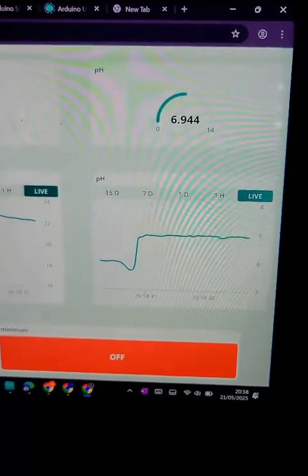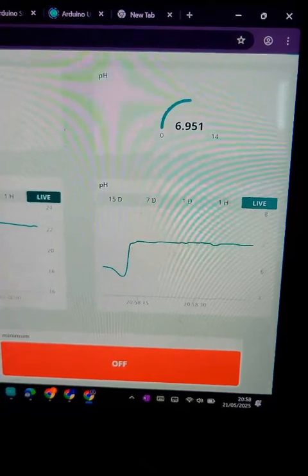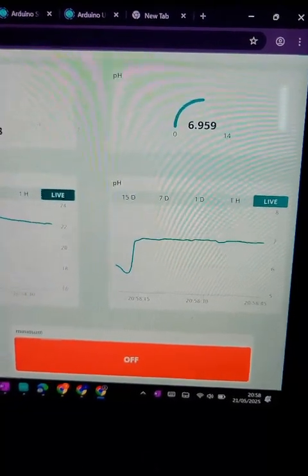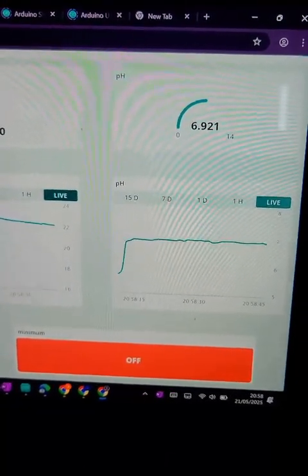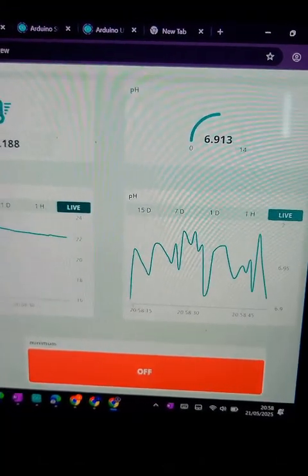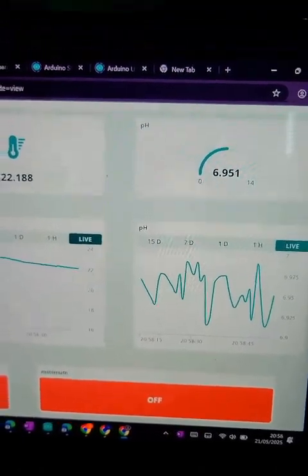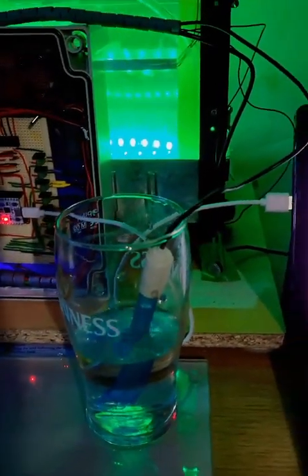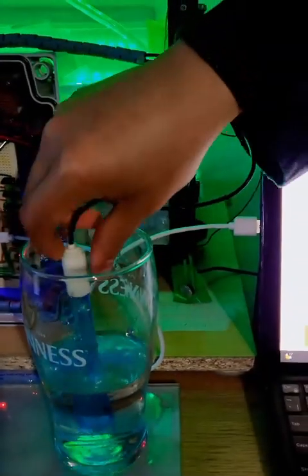It's not perfectly neutral. But if we put the sensor into an acid, for example, because I'm putting it in water right now. I don't know if you can see it. But look what happens if I put it in acid.